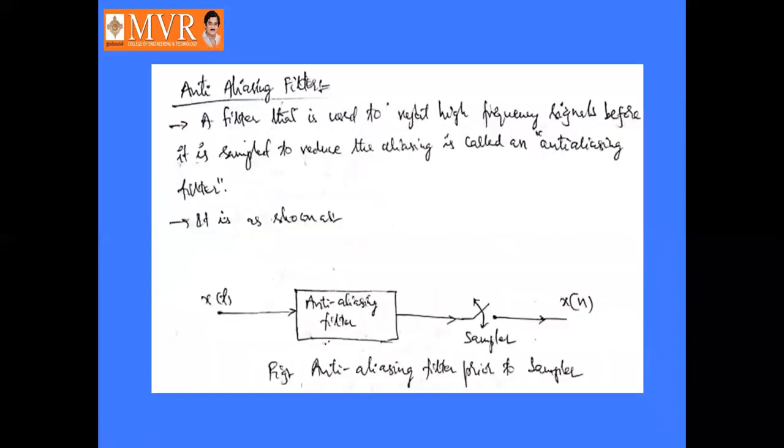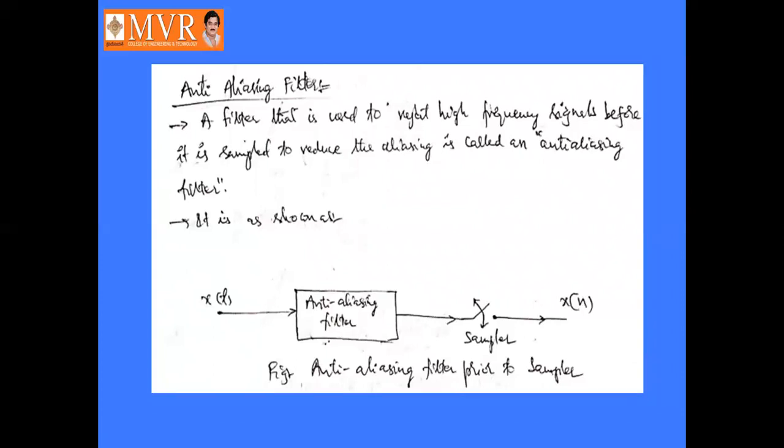Next, we will see the anti-aliasing filter. A filter that is used to reject high frequency signals before they are sampled, to reduce aliasing, is called an anti-aliasing filter.